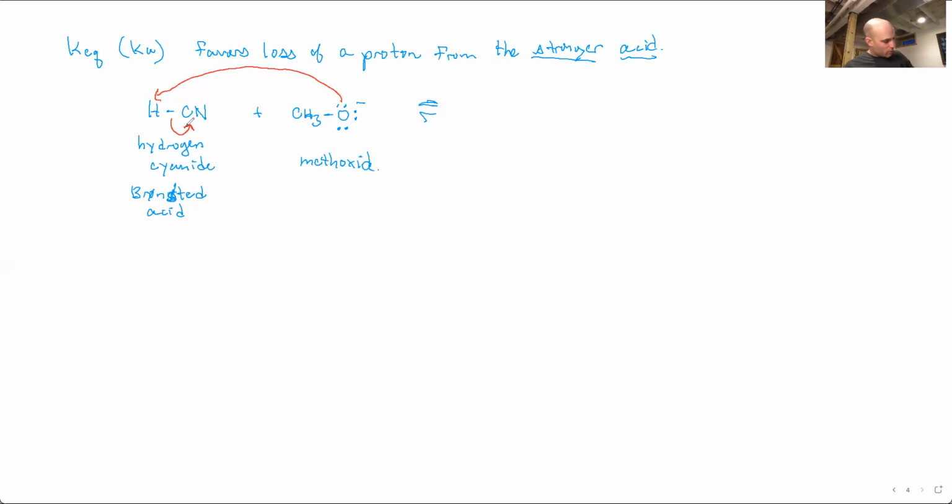And so what I end up with then is this species, which is an alcohol known as methanol, and CN minus, which is known as cyanide ion.